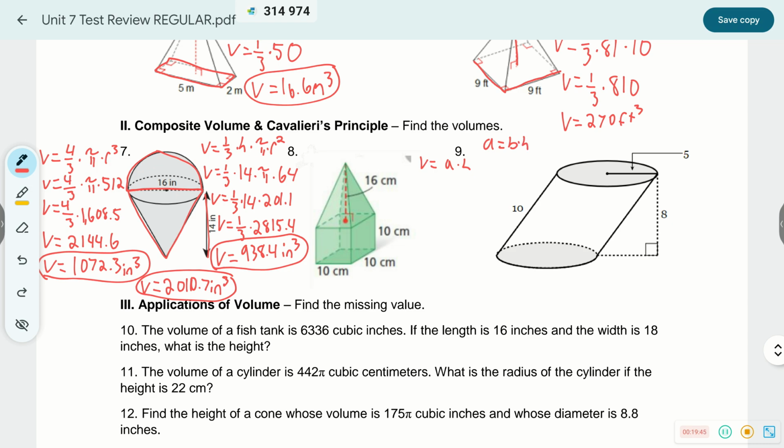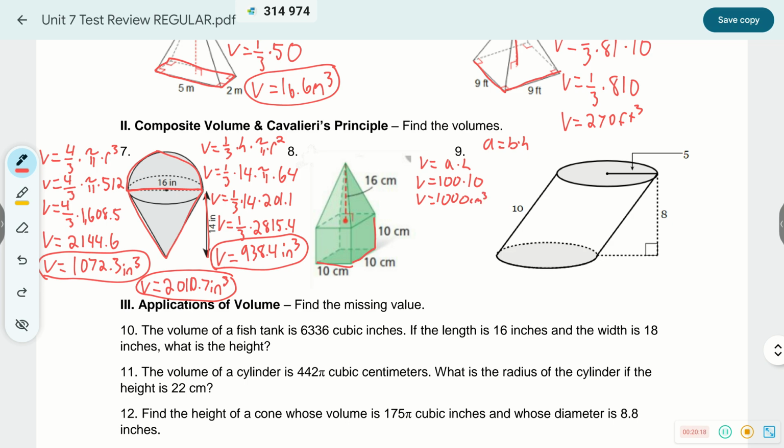This is the base, and this is the height, and then times our length, which is this. So we have volume equals 10 times 10 is 100 times 10. The volume equals 1,000. So the volume of the cube is 1,000 centimeters cubed.